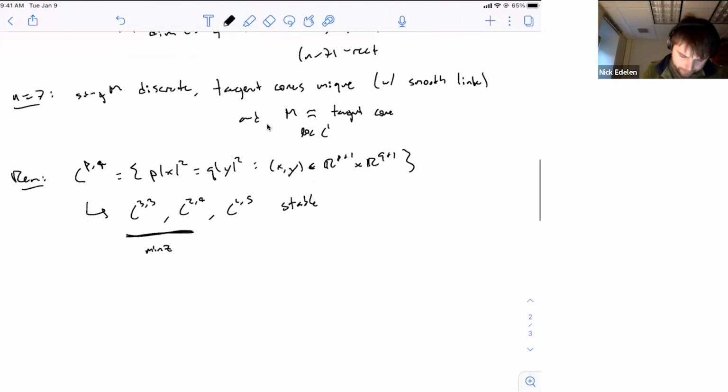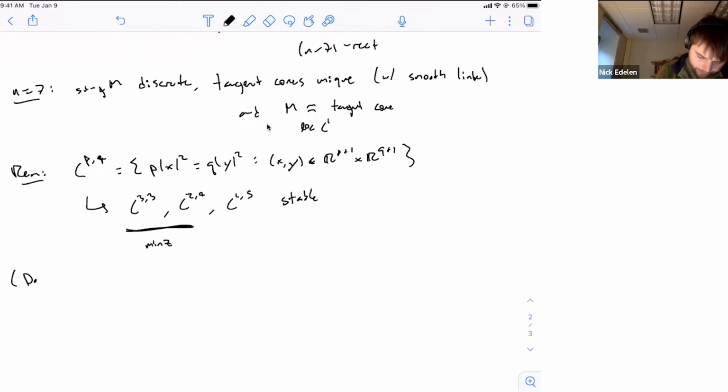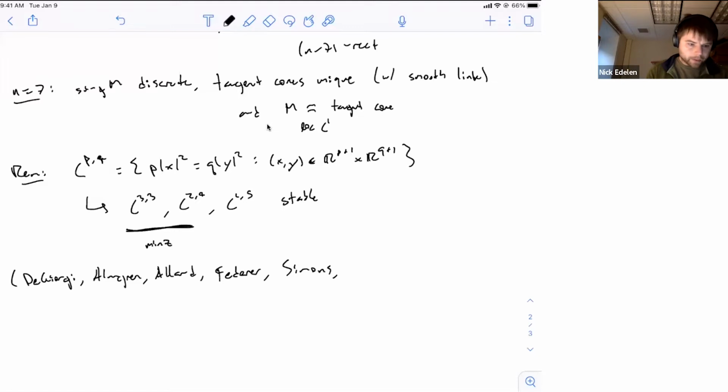So I should maybe write down some names. These theorems are due to many people. De Giorgi, Almgren, and Allard came up with the original epsilon regularity theorems. Federer came up with the dimension reducing argument to relate dimension to low dimensional cones. Let's see, who am I missing? Jim Simons classified the low dimensional cones. Leon Simon proved rectifiability.